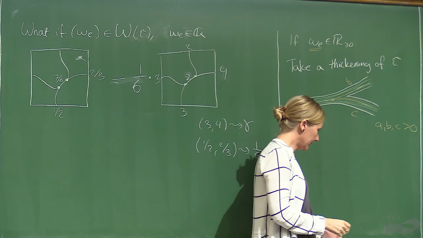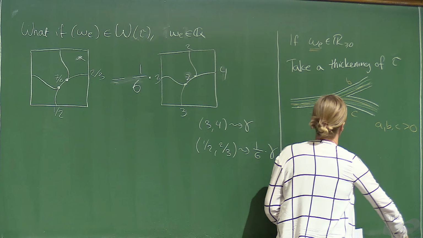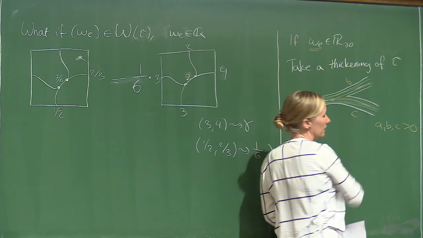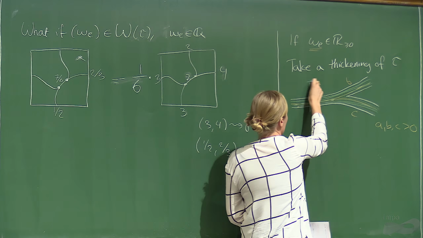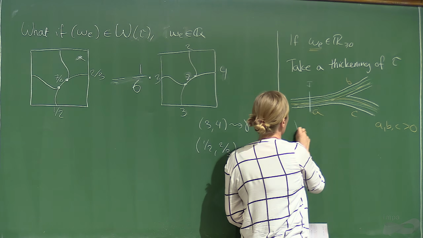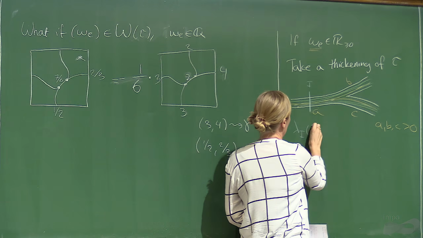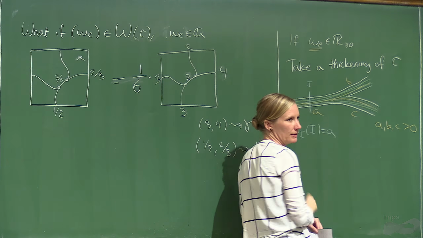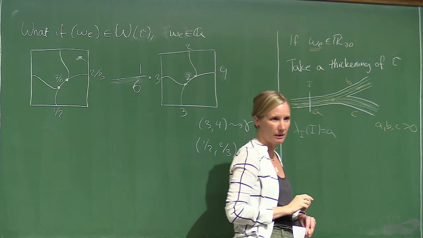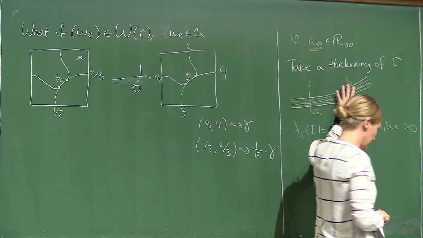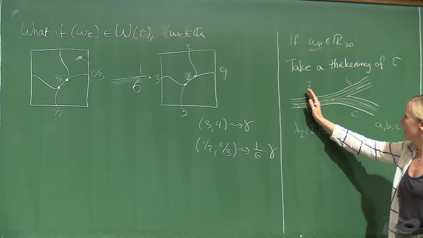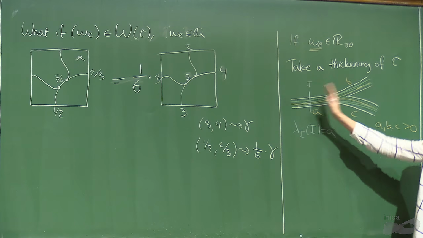So what is clear is that if I take this arc that's transverse to my lamination, I can define the measure lambda of I to be the weight A. And the same for all of them. All right, so the given weights give me measures to every arc that's of this form.